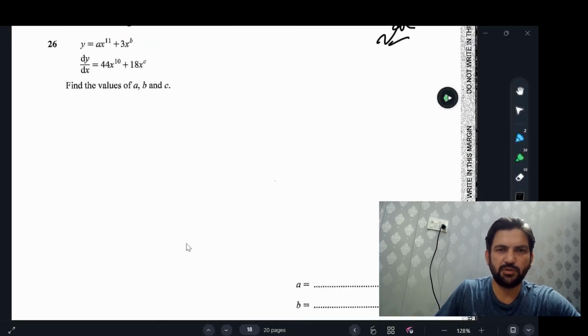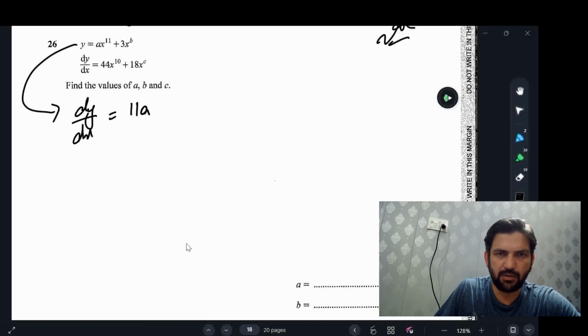Now in question number 26, we know that y is equals to this and dy by dx is equals to this. Now what we have to do, first of all we have to find out dy by dx for this equation. So dy by dx will be equals to 11a x power 11 minus 1. So we have to move the power towards the start point and then subtract 1 from the power.